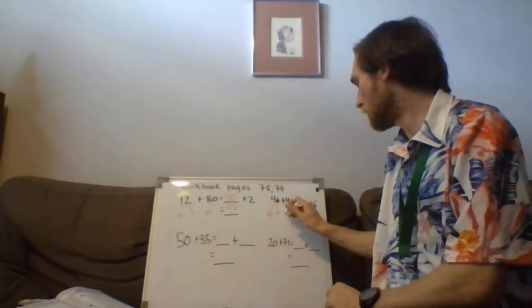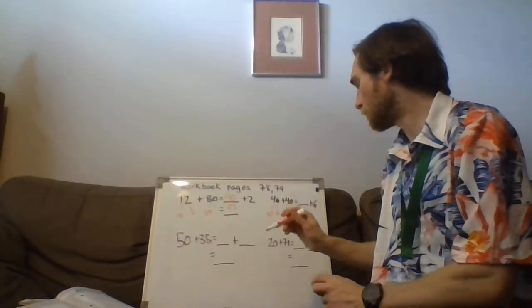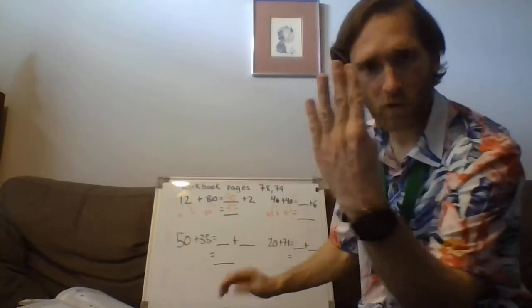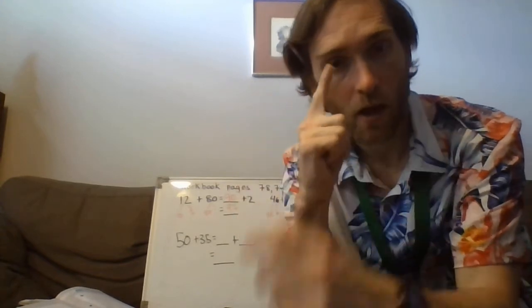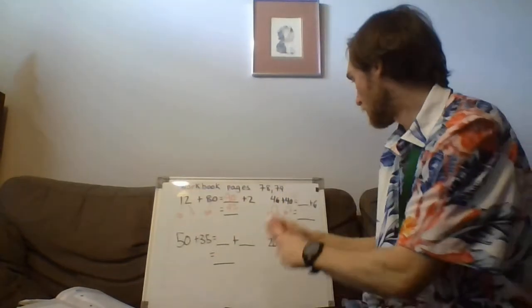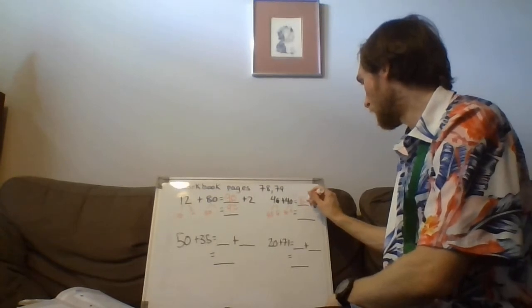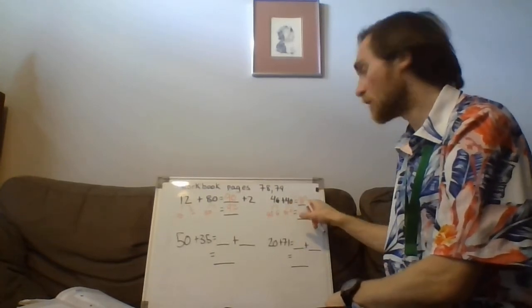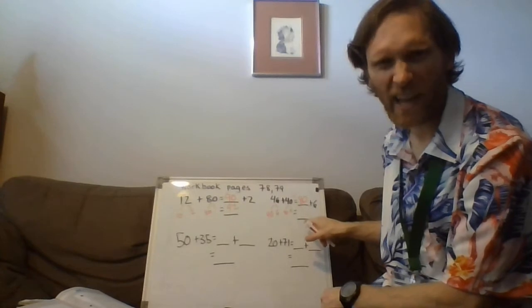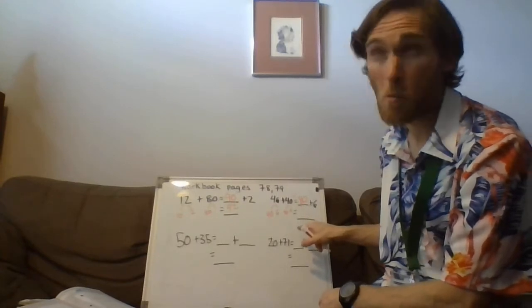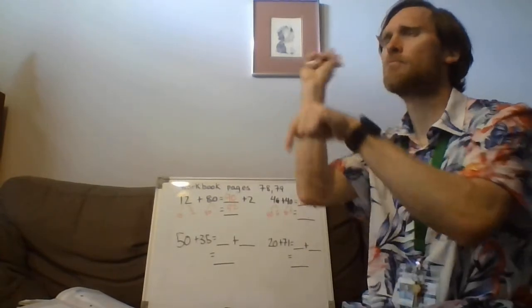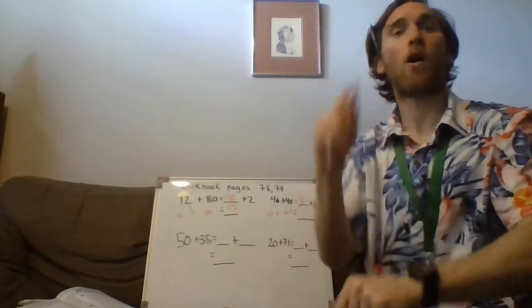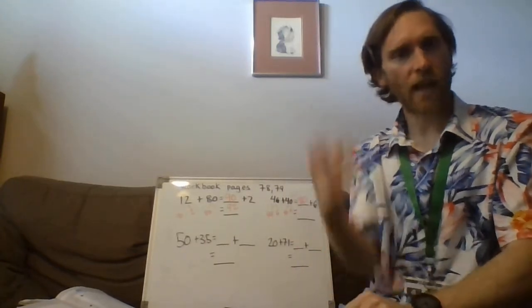Now 40 will be just 40 and 0. 4 10s plus 4 10s. 10, 20, 30, 40, 50, 60, 70, 80. 80 plus 6. So I'm going to put an 80 right there. 46 plus 40 equals 80 plus 6. 80 and 6 is 86.